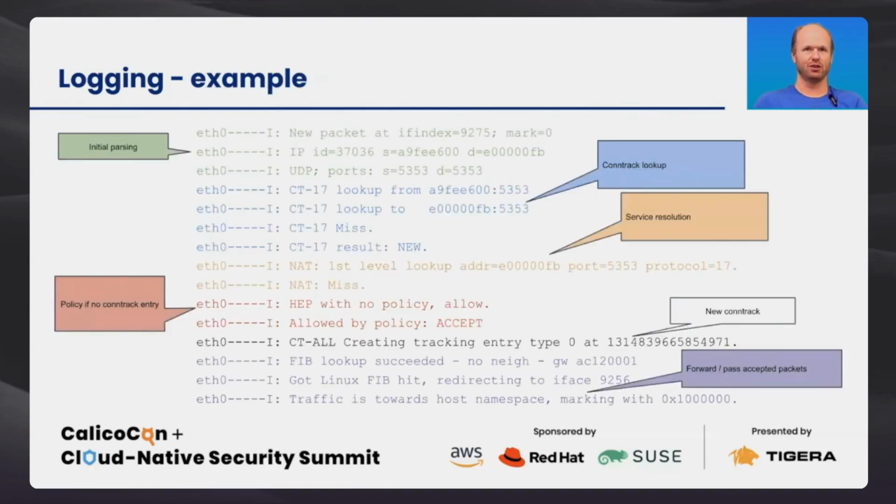So let me walk you through an example of logging, since I was talking about it till now. What you would typically see is something that on the left-hand side has annotation of what interface the log comes from, and it also indicates whether it's been on ingress, egress, there will be an E, or XDP, which we denote with X. On the right-hand side, you have the trace.